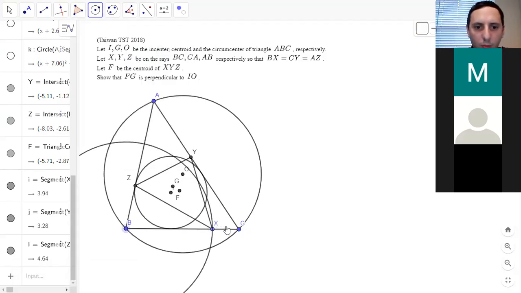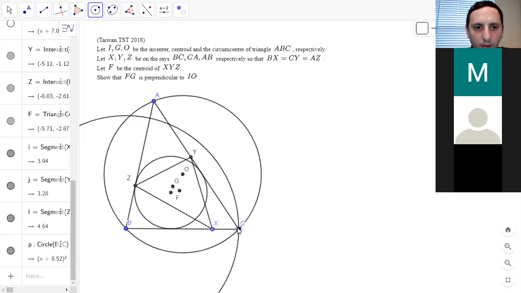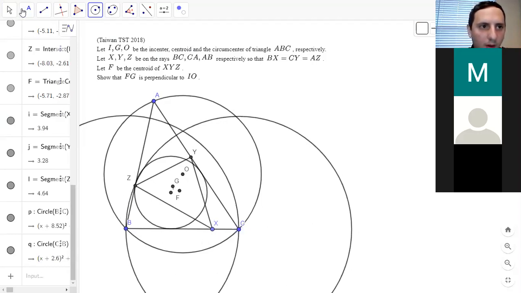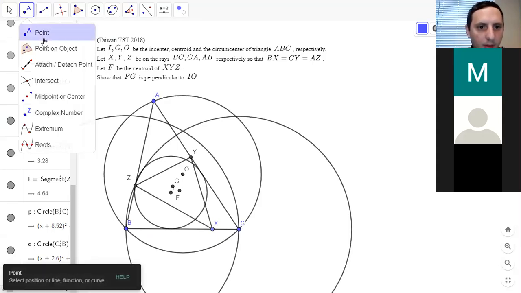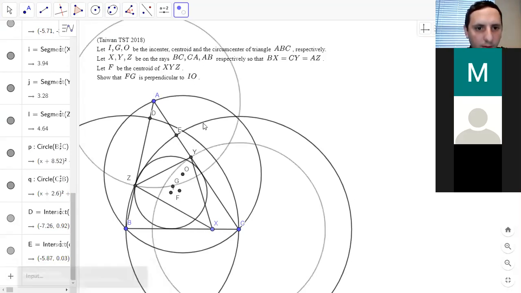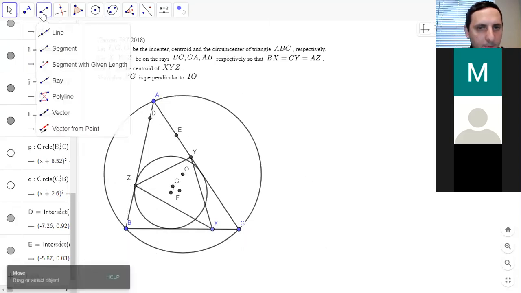So Nguyen is saying if we draw these 2 points, he's saying that that is perpendicular to OI, which is a little bit different. I don't think it's just a degenerate case. So this is what he said.